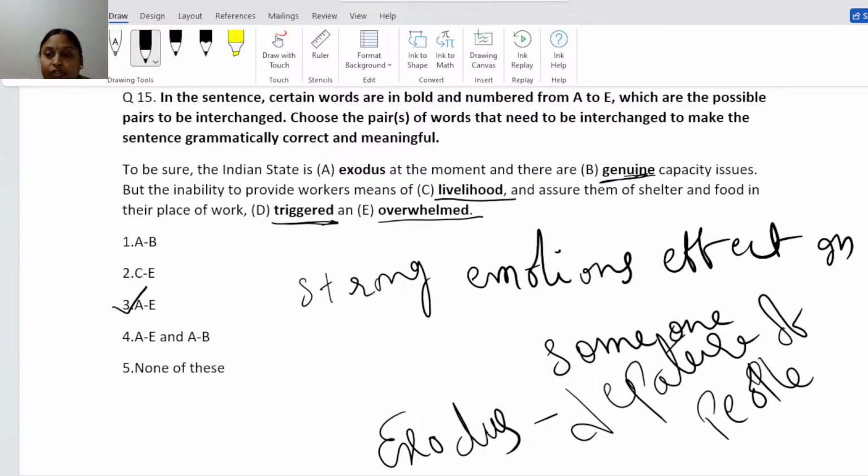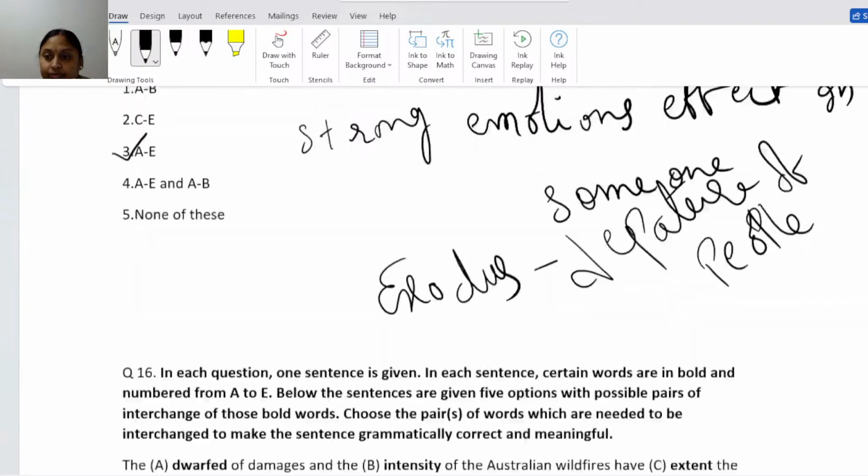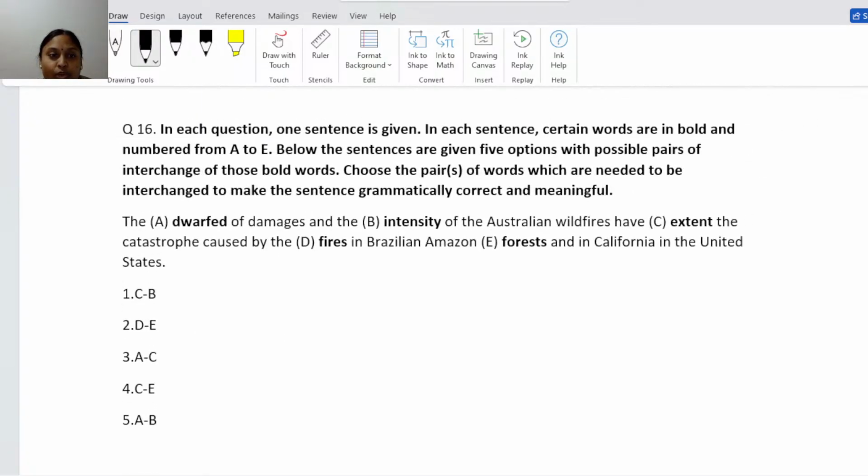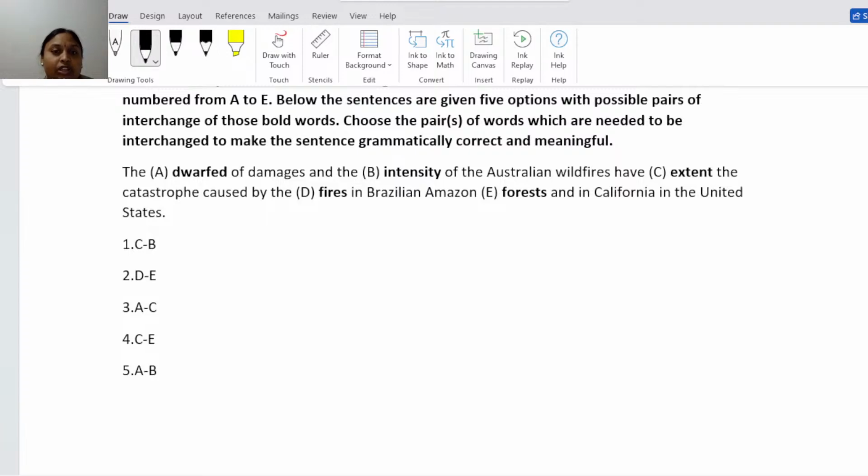So now we will go for the next question. 16th question. It is also about grammatical mistakes, where whatever words are given in bold should be replaced, or we have to rearrange them, or decide where to place them. Regarding that we have to check.